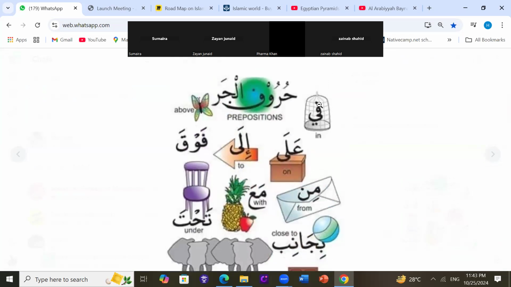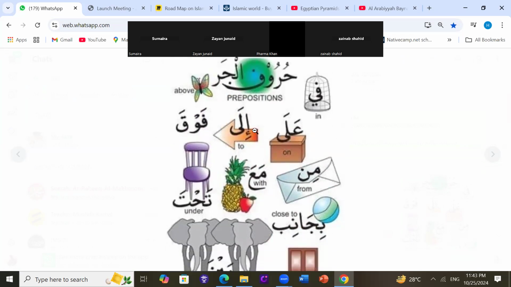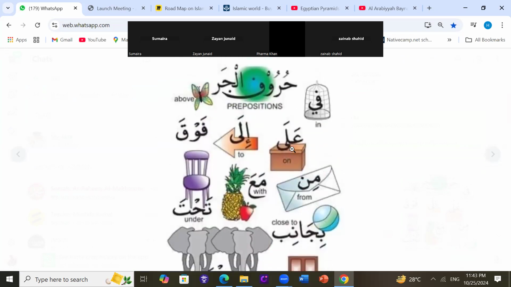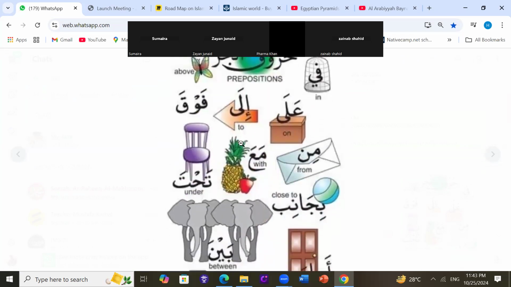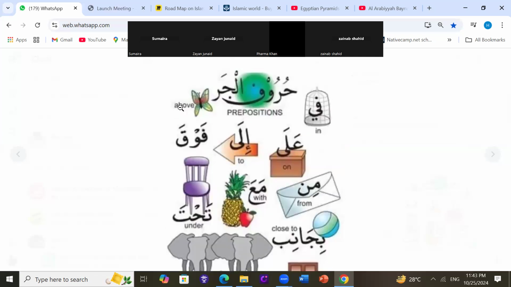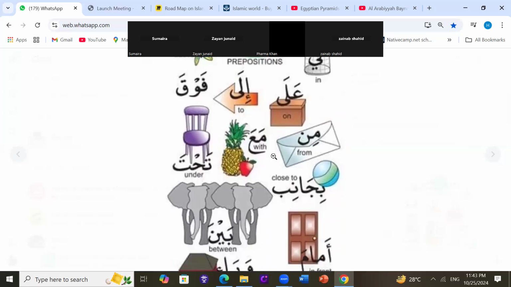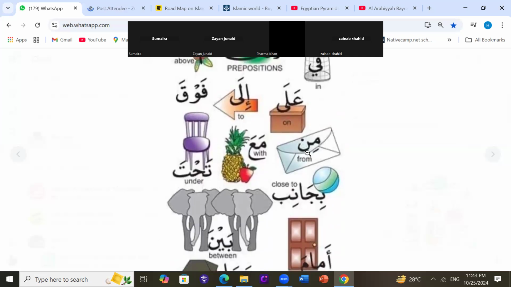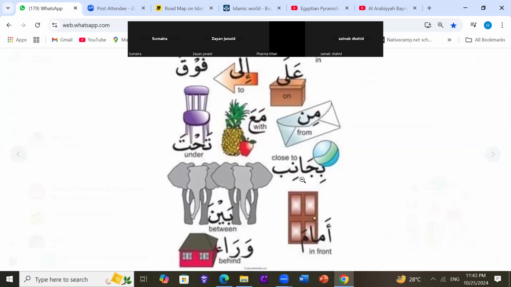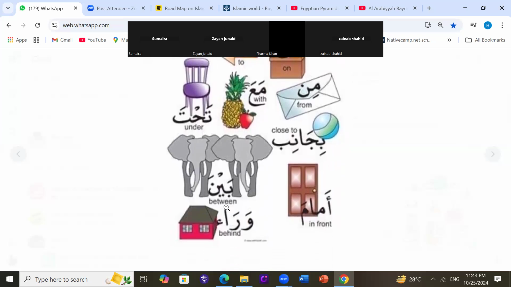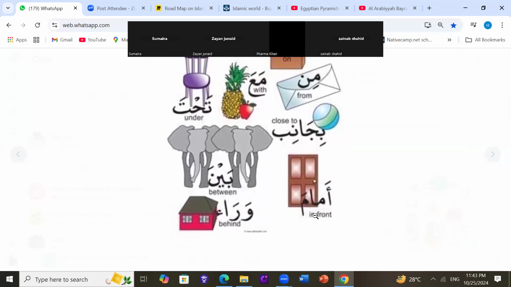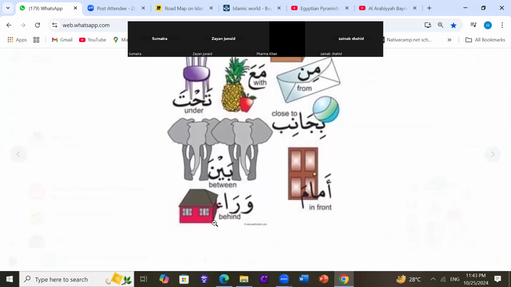We used to say harf, but in Arabic terminology, its name is huruf jar. Okay, fi, in; ala, on; ila, to; fauka, above; tahta, under; ma'a, with; min, from; bijanib, close to; baina, between; amama, in front; wara'a, behind.